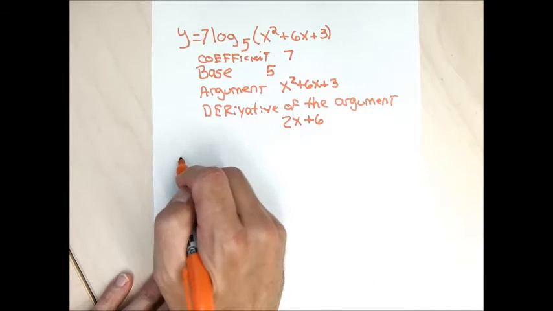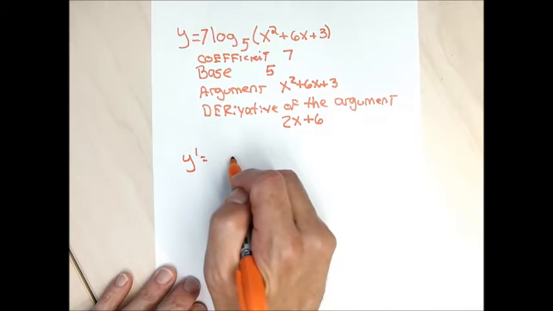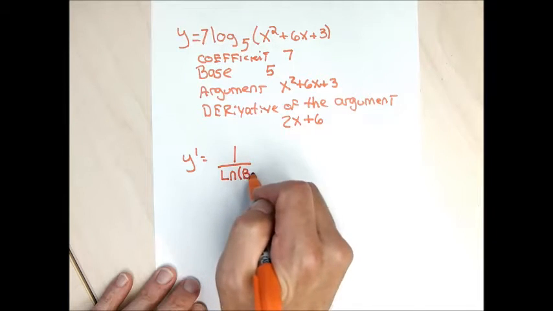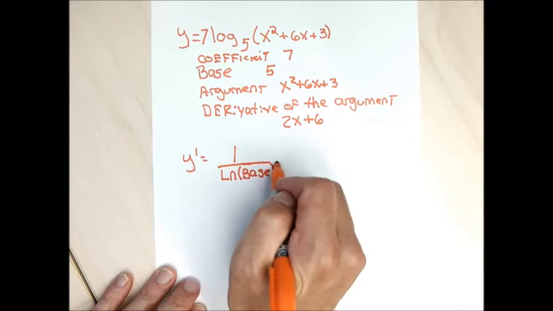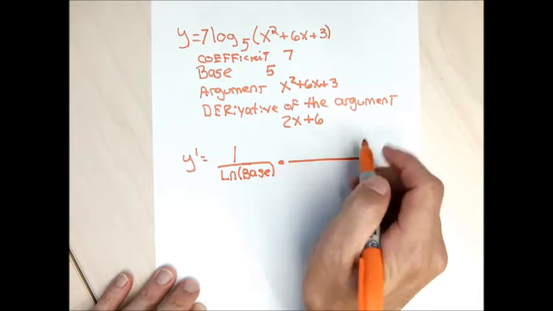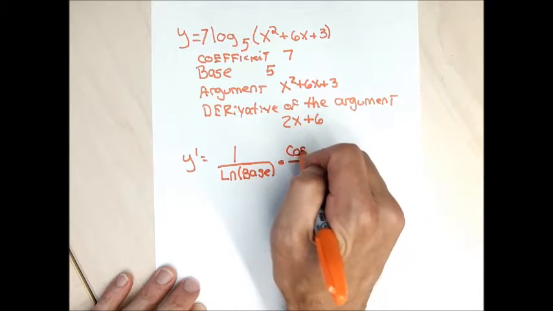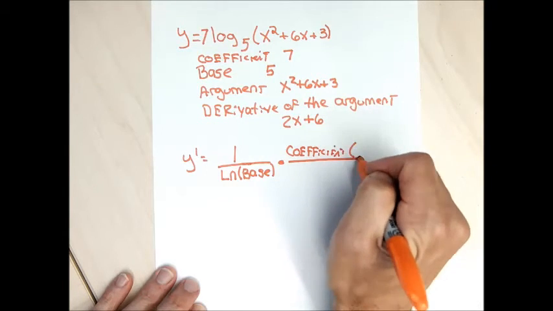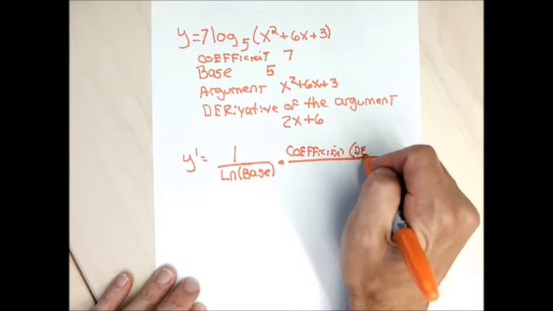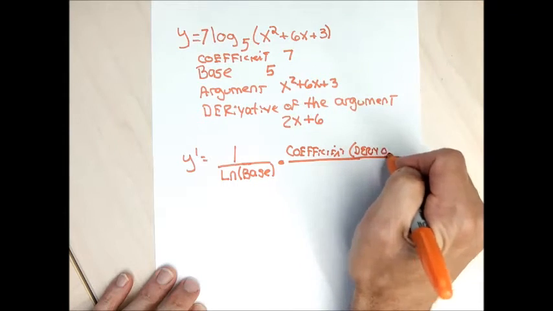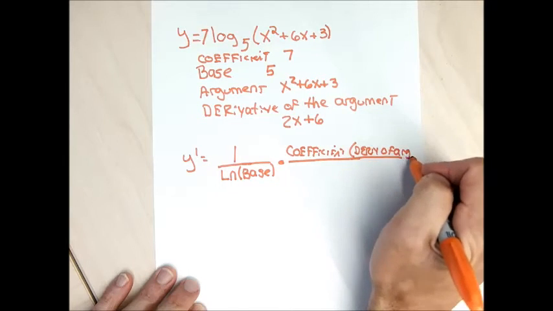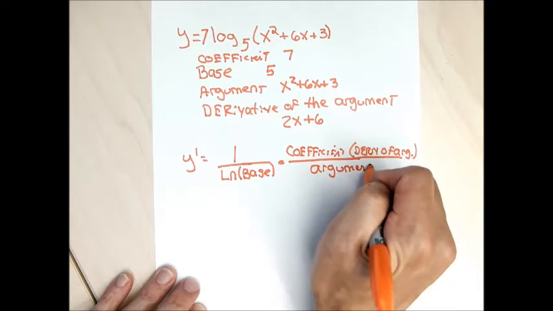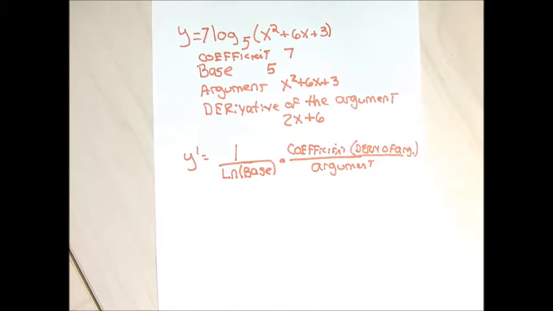The derivative of a logarithm is going to be 1 over the natural log of the base times the coefficient times the derivative of the argument over the argument. This is a formula for the derivative of a generic logarithm.